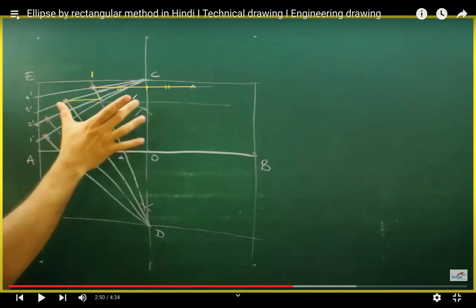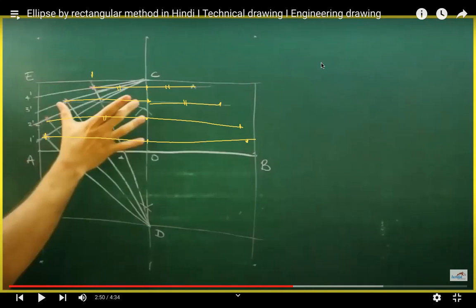Same way, whatever distance you have, you cut it over here. Got it? Same way, extend this. Whatever distance you have, you can cut it over here. Same way, extend from here. Whatever distance you have, you can cut it over here. That's how you'll get all these points.